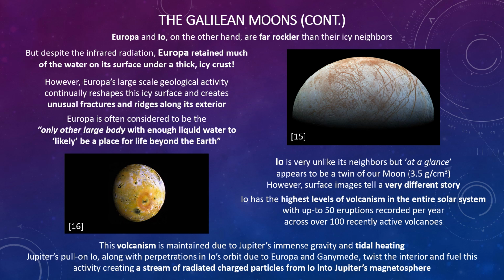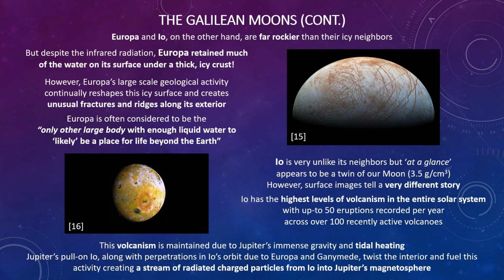And so, it's very likely that Europa is harboring a vast subsurface ocean and is often considered the only other large body with enough liquid water to be a likely place for life beyond Earth. And so Europa has a lot of unusual features on its surface, very thick, icy crevices and canyons on there. And so there's a mission heading there.